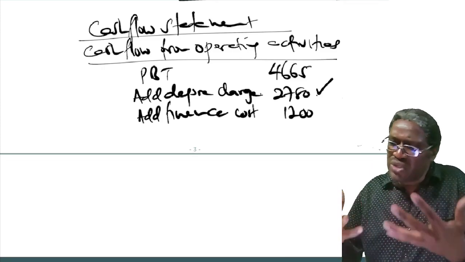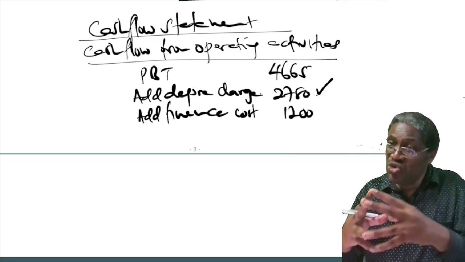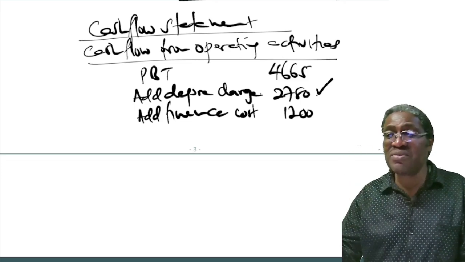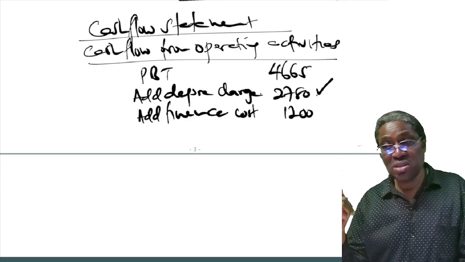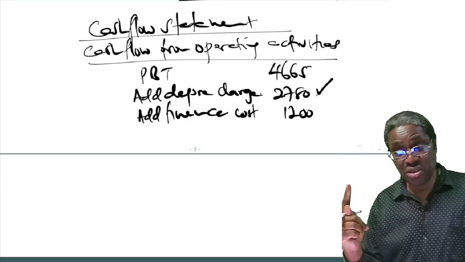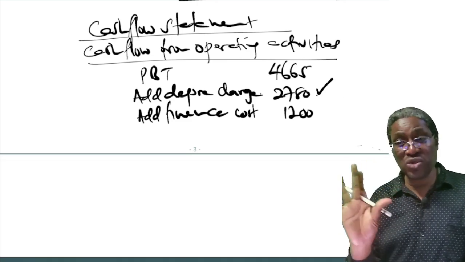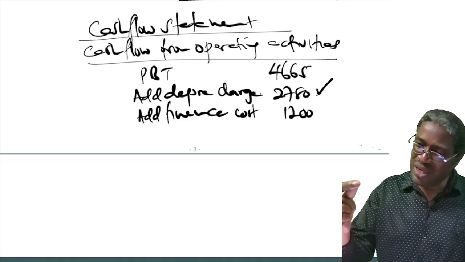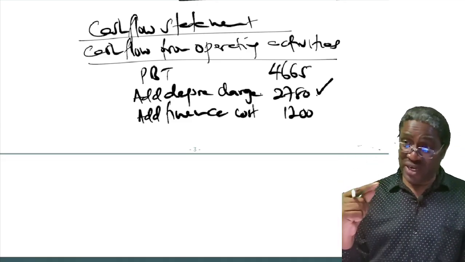From that income statement that the examiner has given you, sometimes you may see some items that are not items paid by cash, meaning they are non-cash items. Some questions may have them in the income statement, some may not have them. So it's normally important to go back to the income statement and check.